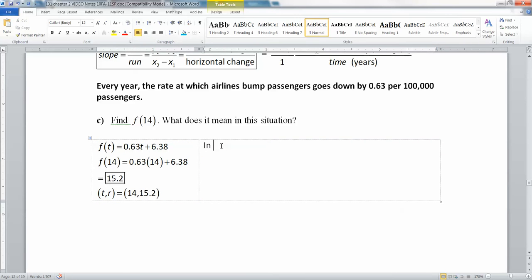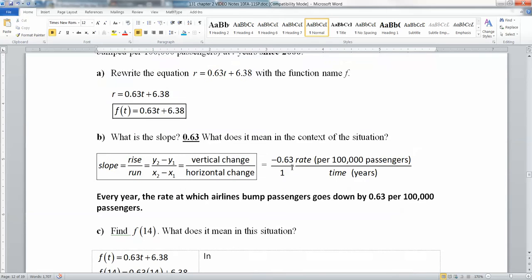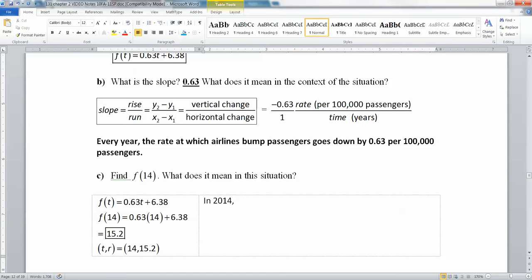So we're saying, hey, in the year 14, which our starter year for that problem was since 2000. See, that's the starter year. So in 2014, the rate at which airlines will bump passengers is expected to be about 15.2 per 100,000 passengers.